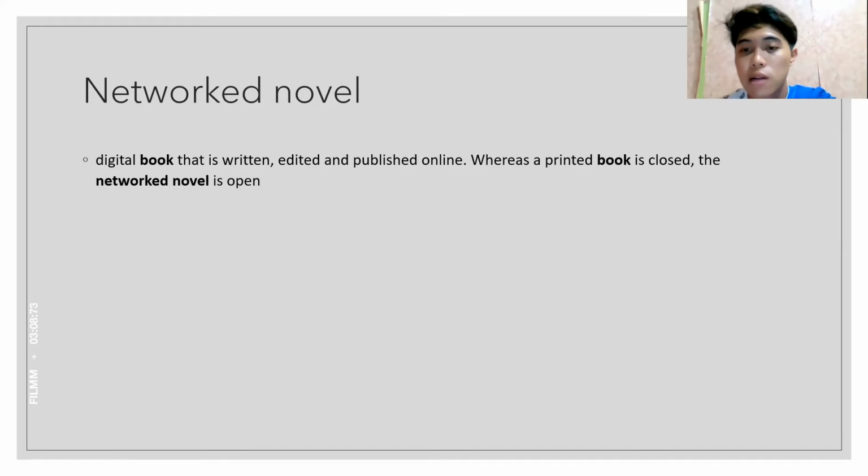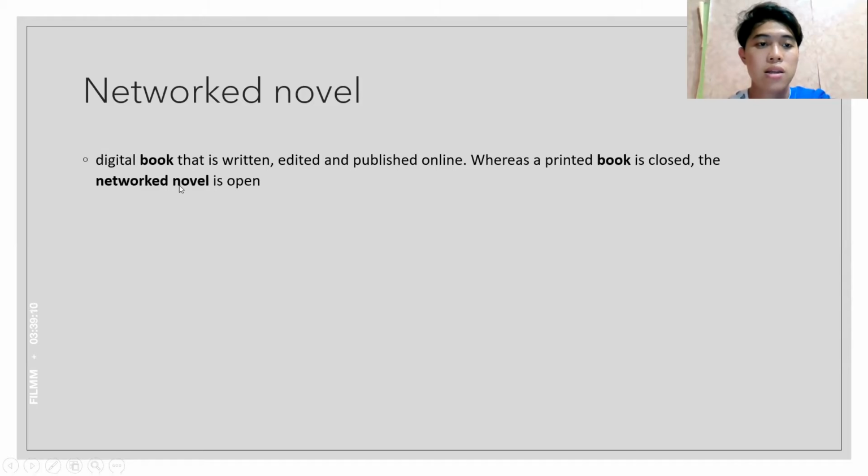The network novel is a novel that has emerged over the past 6 years as a form of digital book that is written. A printed book is closed, but the network novel is open. It exists online and can include text, audio, video, links, and anything else you can imagine.